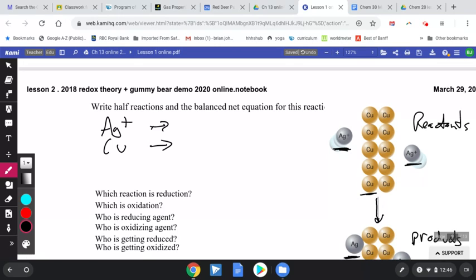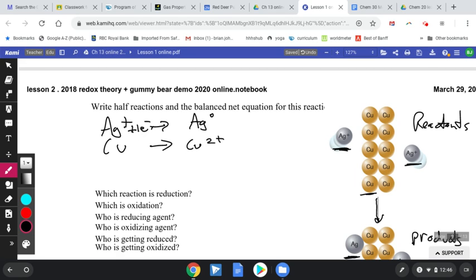So copper becomes copper 2 plus. Let's clean that up. And Ag becomes Ag solid. So now we need to balance the half reactions. Add those electrons. Which side and how many? +1 and 0.